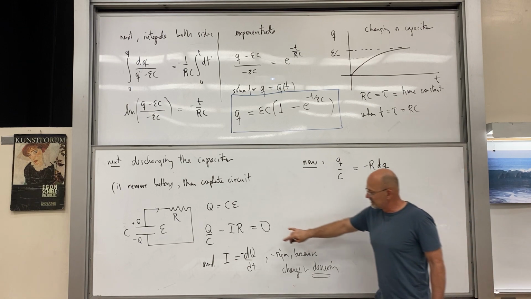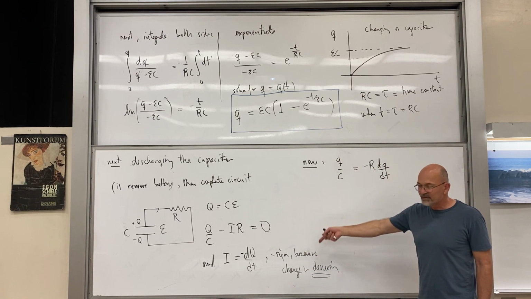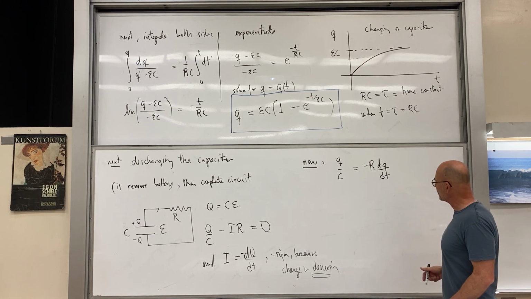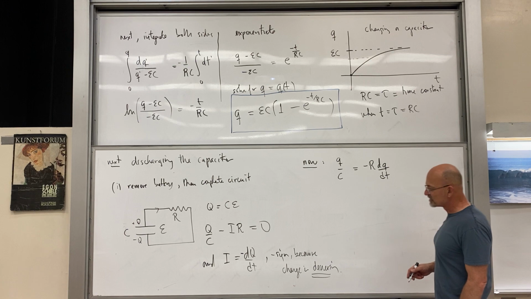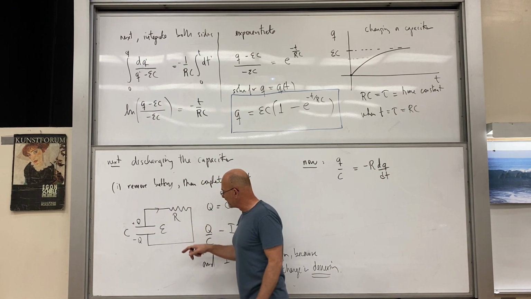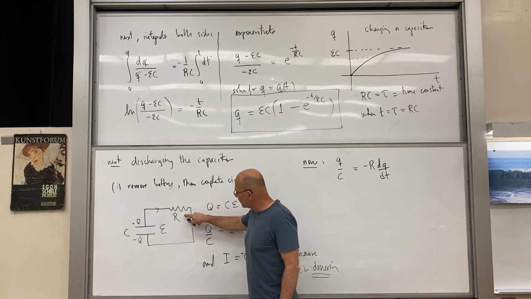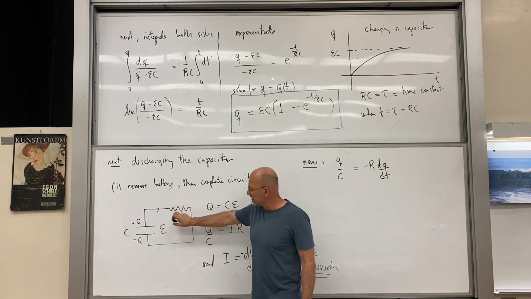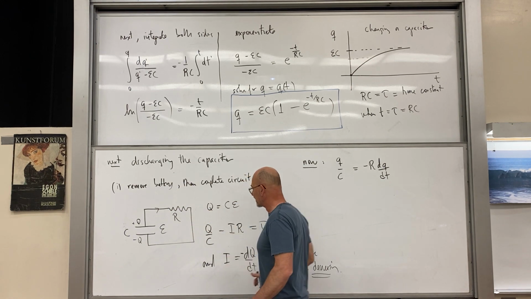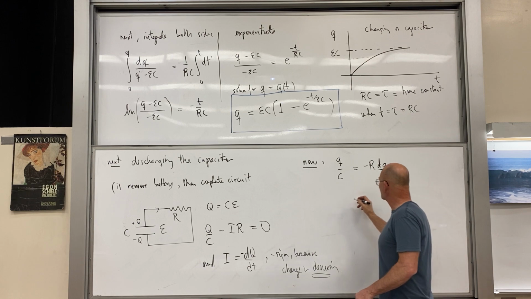Again, I put that minus sign in by hand because it's a derivative now and the quantity is decreasing. Eventually, the capacitor will be discharged, and all the energy in the capacitor will have gone through the resistor and been dissipated.